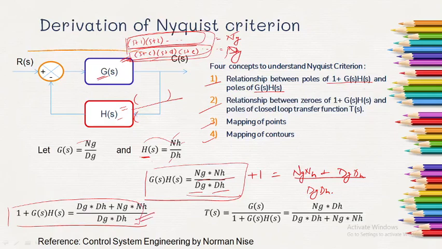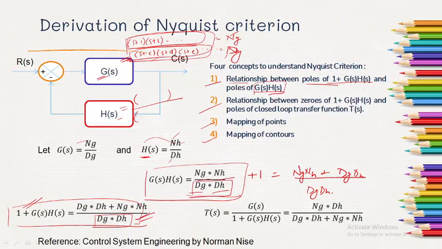Fine. Now the first concept was to find the relationship between the poles of 1 plus G(s)H(s) and the poles of G(s)H(s). The poles of 1 plus G(s)H(s) are D_G into D_H, and the poles of G(s)H(s) are again D_G into D_H.